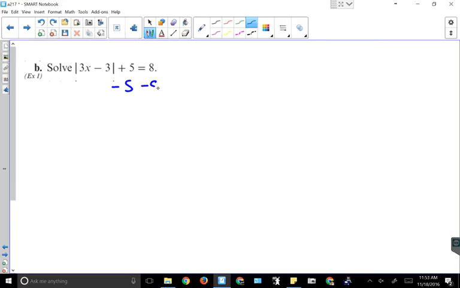Subtract 5, subtract 5. Absolute value of 3x minus 3 turns out to be equal to 3. So, does anybody want to wager or guess what the x's are supposed to be? What you got, sir? 1? Just 1? Okay.